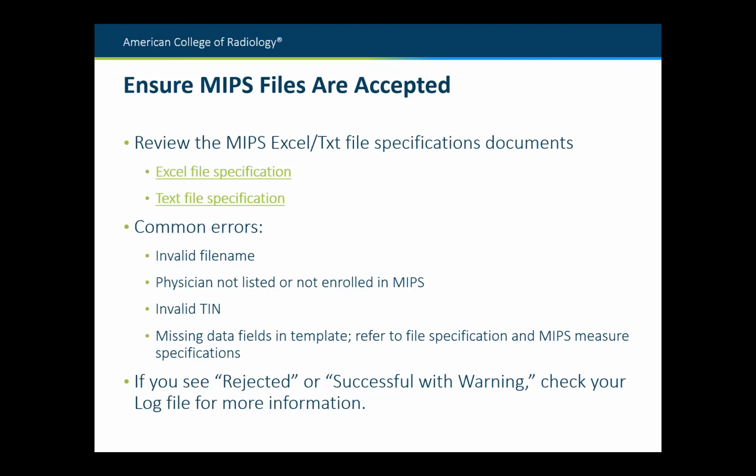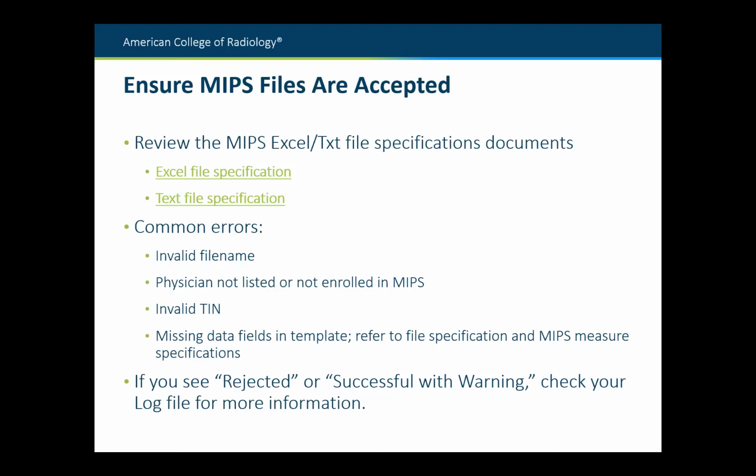Now, some common errors that you might run into when you're uploading files is there could be an invalid file name. Maybe you don't have the date or the time entered correctly, it's missing the correct number of characters, something like that. It could be that physicians are not listed in your account, or they're not enrolled in MIPS. This is something that you can fix in the NRDR side of the portal. That's nrdr.acr.org.